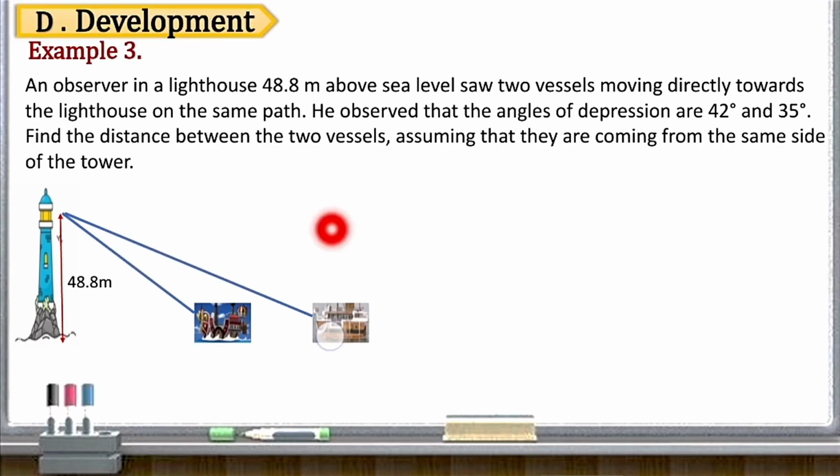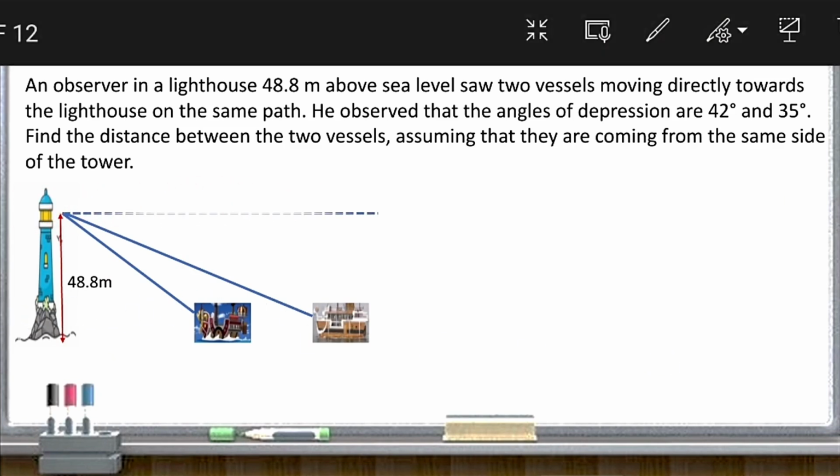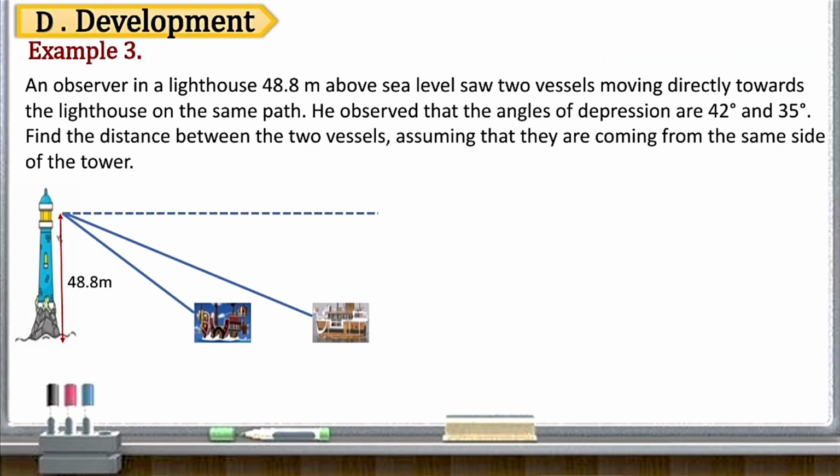So, itong mga ito class ang ating line of sight below observer. At kung meron tayong line of sight below observer, syempre kailangan din nating lagyan dito class ng horizontal line of sight.